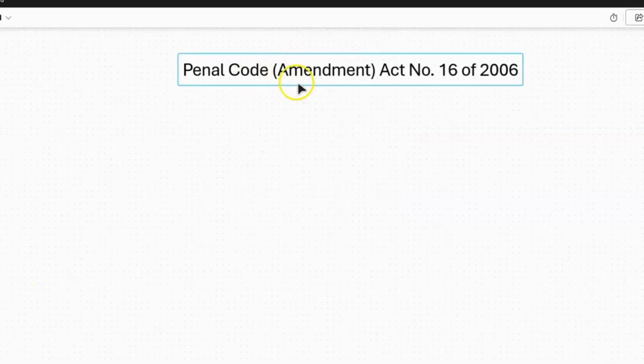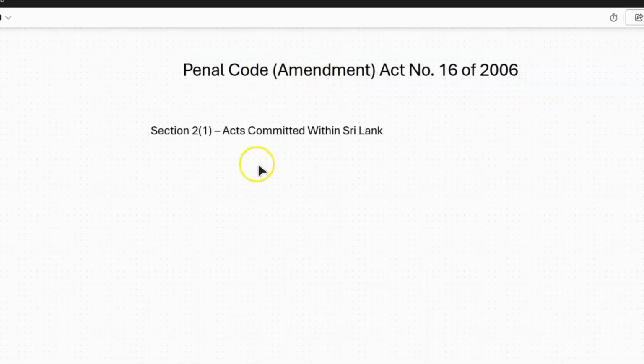The next main act, Penal Code Act number 16 of 2006. Let's discuss Section 2(1), acts committed within Sri Lanka. First one. Before learning, what is the main goal of this?